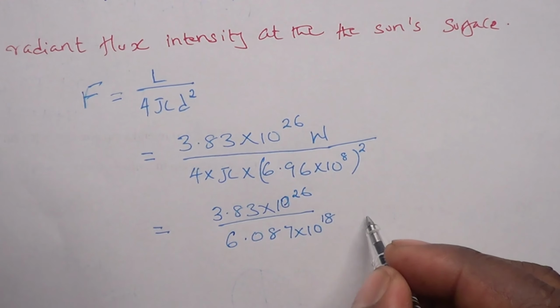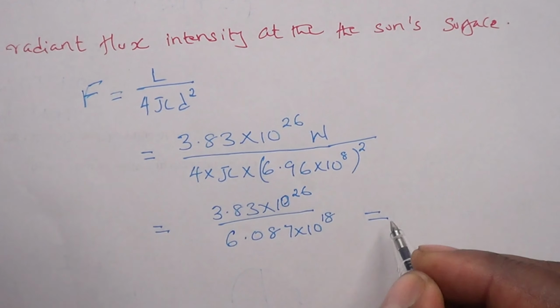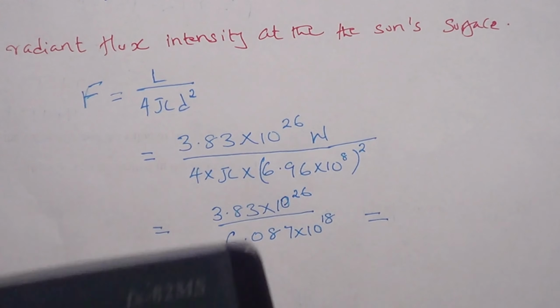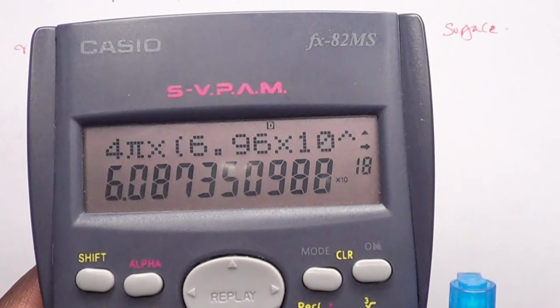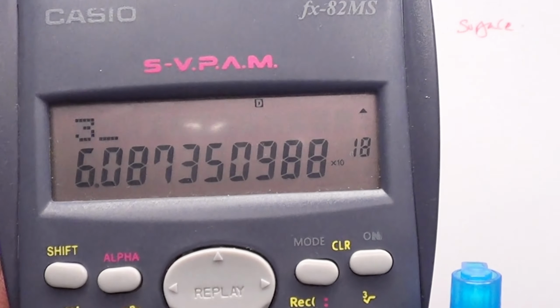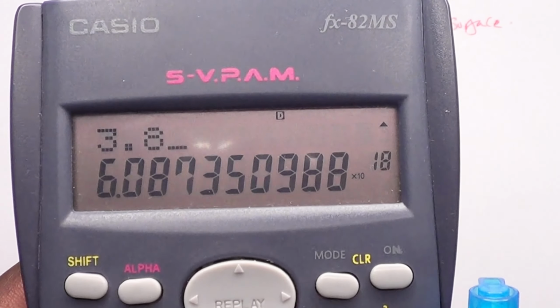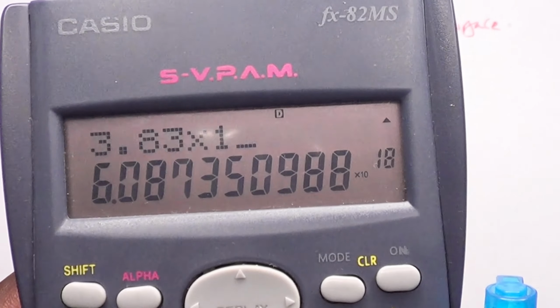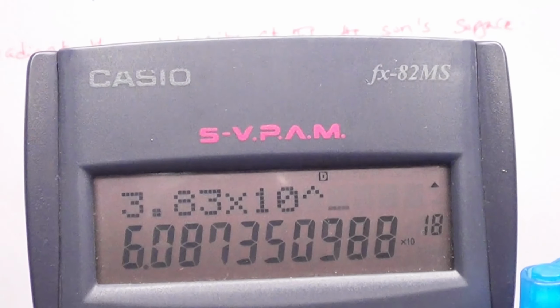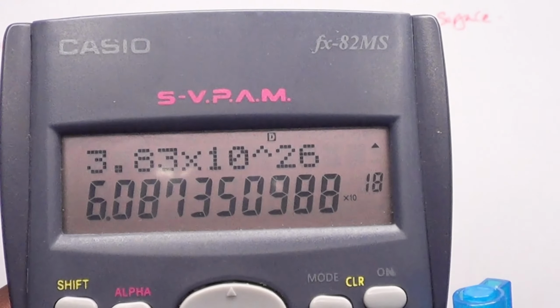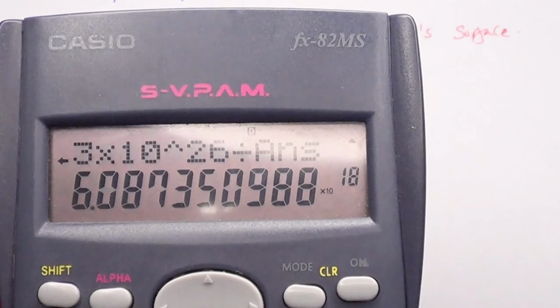So the next step we are going to do here is now we need to divide 3.83 times 10 power 26 divided by the answer.